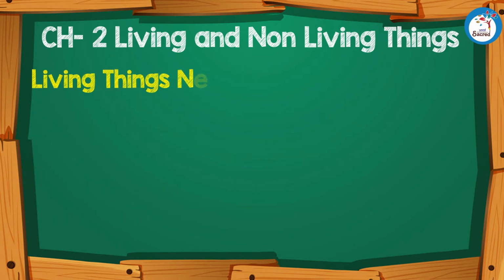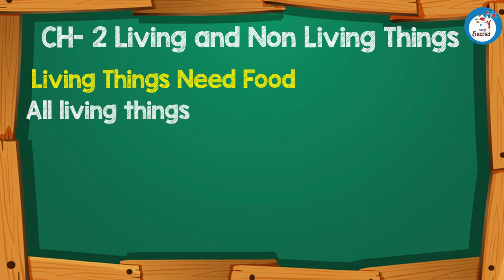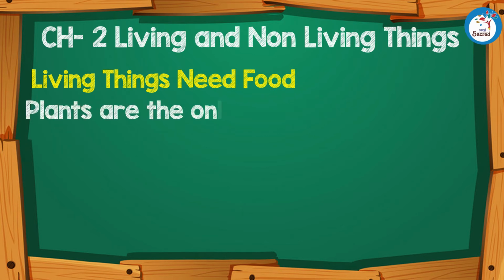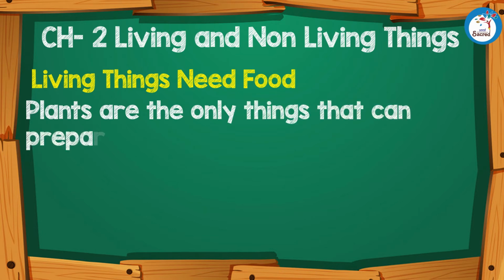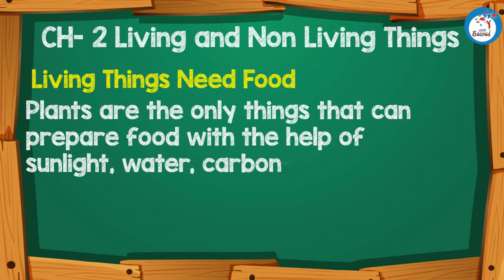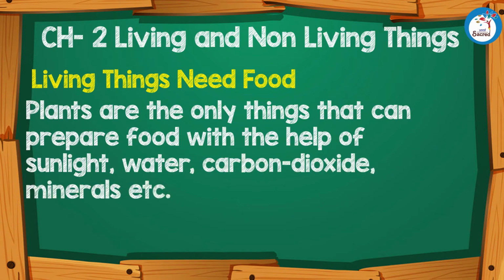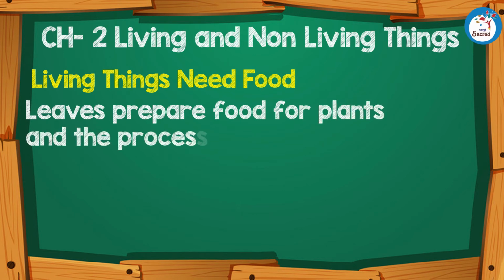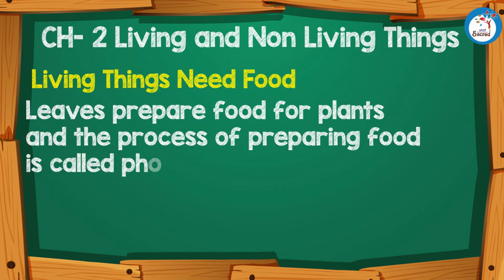Living things need food. All living things take food to gain energy. Plants are the only things that can prepare food with the help of sunlight, water, carbon dioxide, minerals, etc. Leaves prepare food for plants, and the process of preparing food is called photosynthesis.